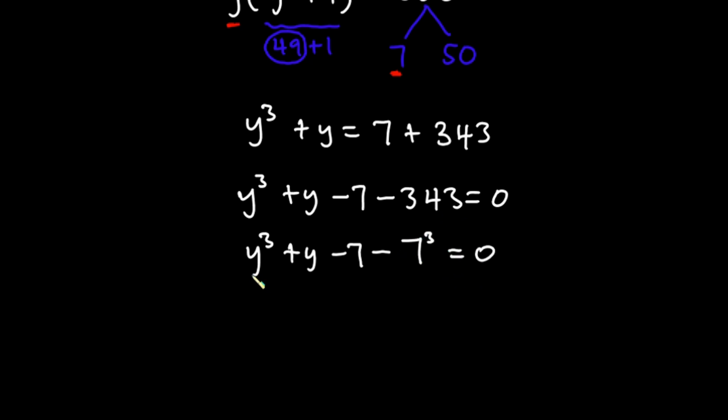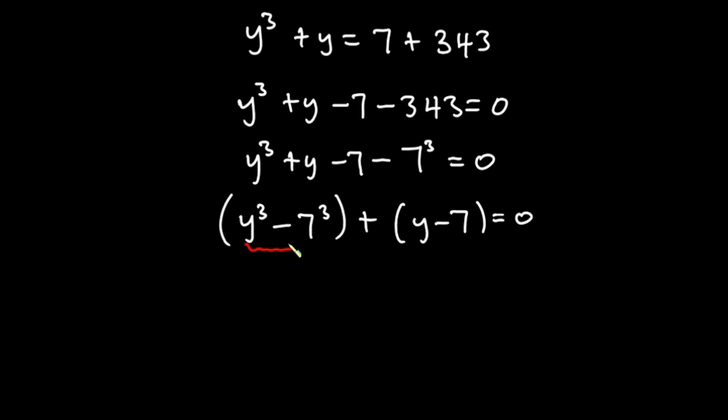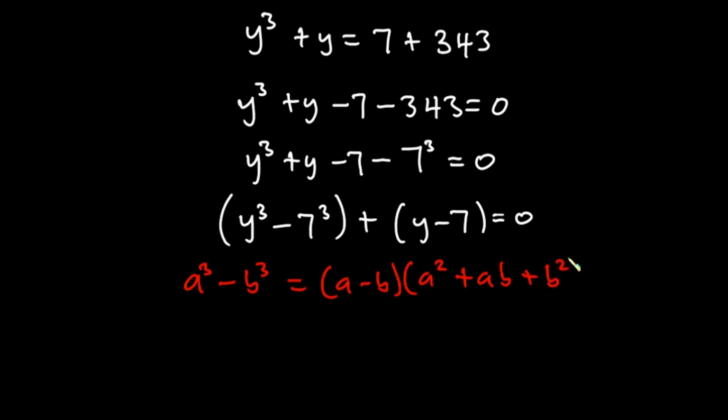Now let's group the terms with the third powers and then group the terms with the first powers. So we're going to have y to the third power minus 7 to the third power as one of the groups, then plus y minus 7, and this is equal to 0. And from here we can apply one of the identities, which states that a to the third power minus b to the third power is equal to a minus b times a squared plus ab plus b squared.